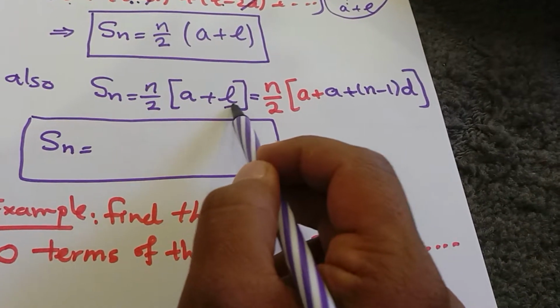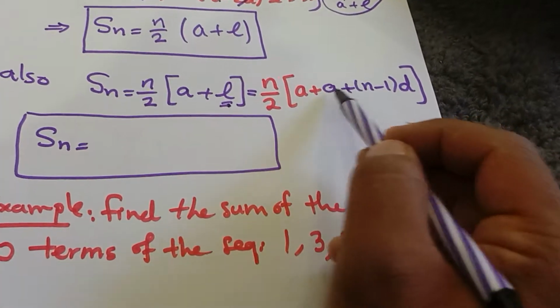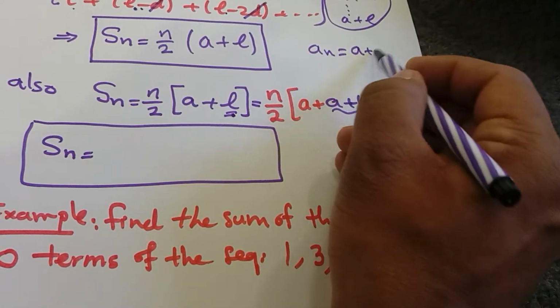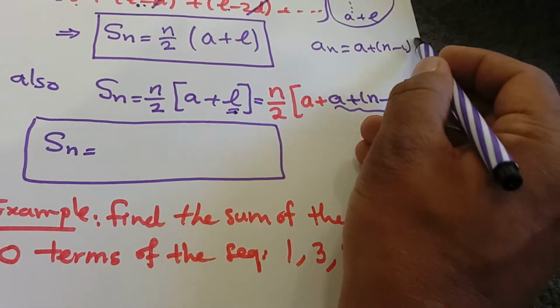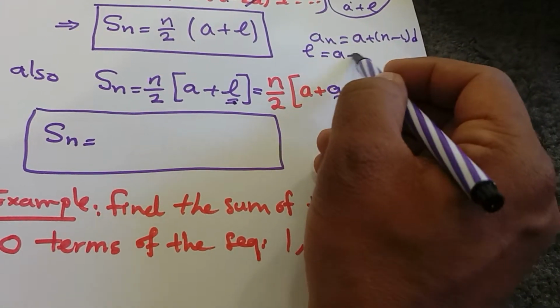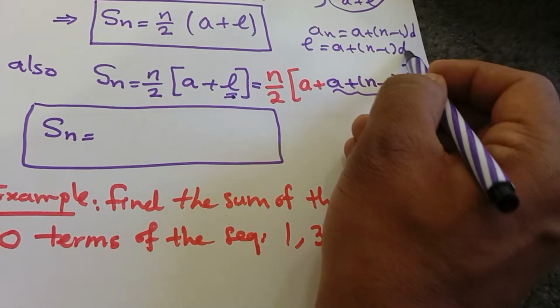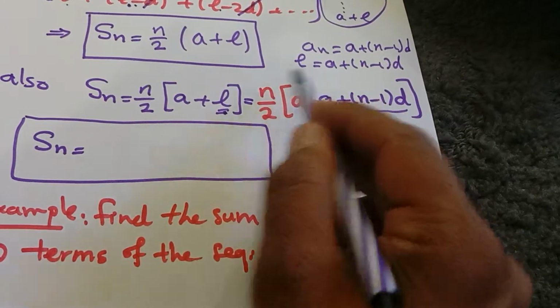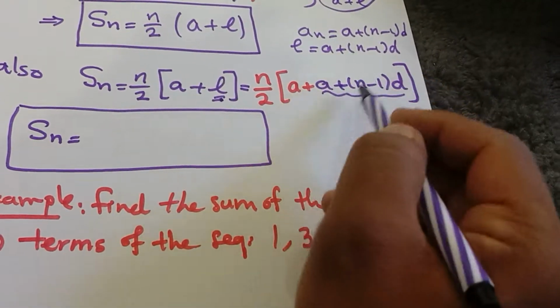Now we will replace L by this quantity, because we know that An equals A plus n minus 1 times D. This is the L, the last one, so this is A plus n minus 1 times D. Now I'll take that L and put its value here.